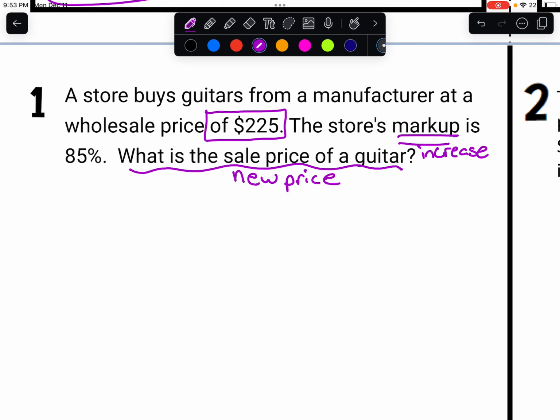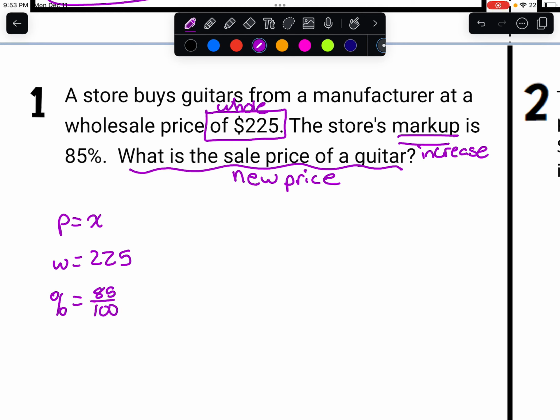Given this information, I can infer that $225 is my whole because that's my original amount. And then the store marks it up from there. So if we're going to identify our part, whole, and percent, our part is unknown, so that would be x. Our whole is $225, and our percent is 85%, or 85 out of 100.